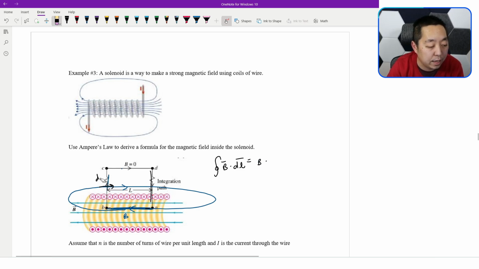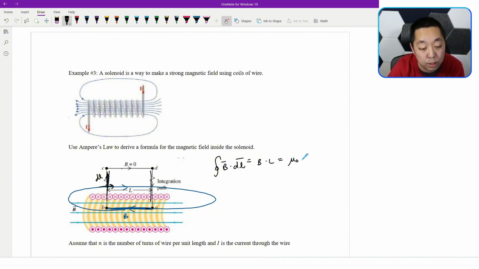And that length there, we'll just call it L. Yeah, they called it L. Now this equals mu naught times the current piercing the loop. Well, because of the way that there's multiple coils going through it, and let's say n is the number of turns per unit length.